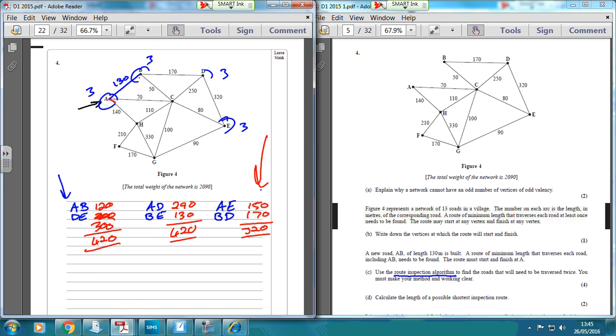So to get from A to E, we traversed this road and then this road, which made 150, and then B to D was just this road here. So for part C, we need to traverse B, D, AC, and CE twice.